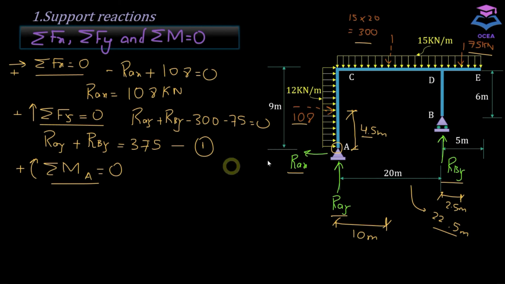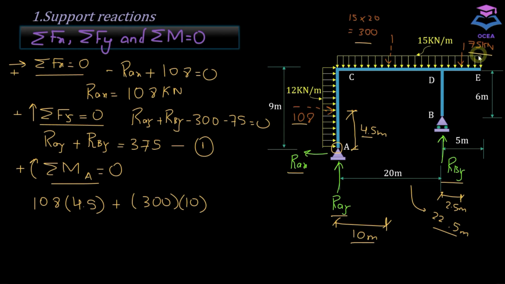So let's write this equation. First we have 108, which is acting in clockwise direction and has a moment arm of 4.5 meter. And then we have this 300 force, which is also acting in clockwise direction. This is going to be positive as well, 300 into 10.